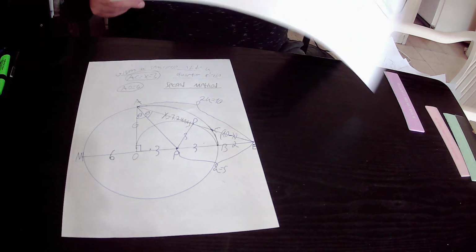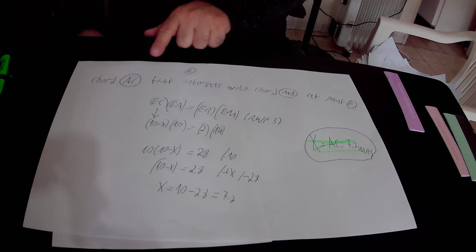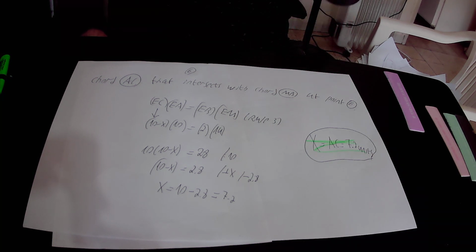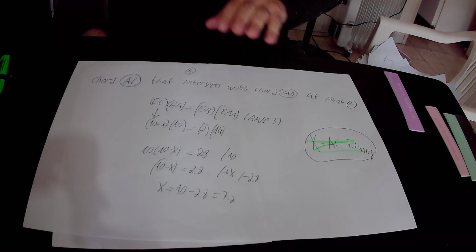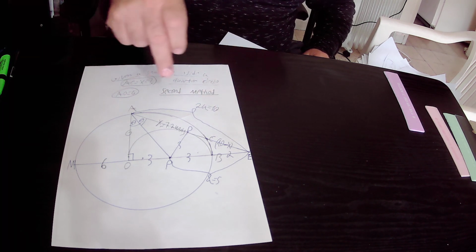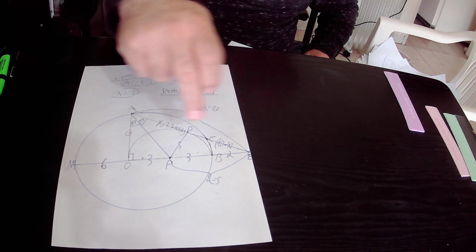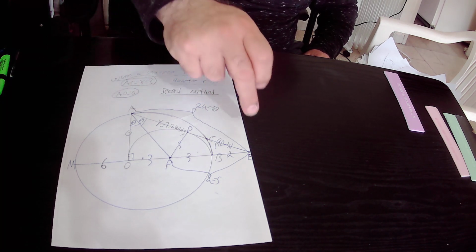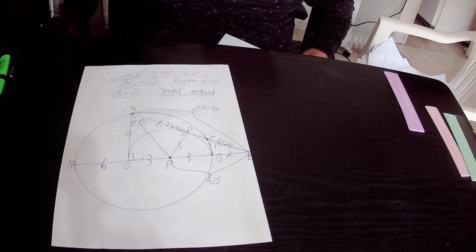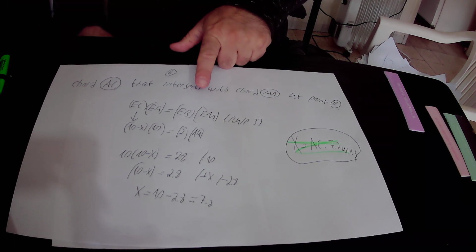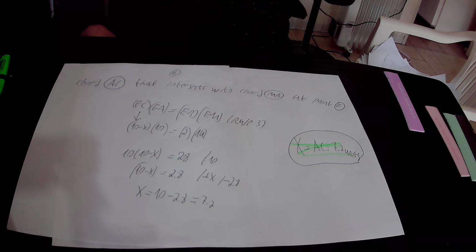Therefore, according to rule number 3, we will get that here EC times EA equals EB times EM. Okay? EC times EA equals EB times EM according to rule number 3.